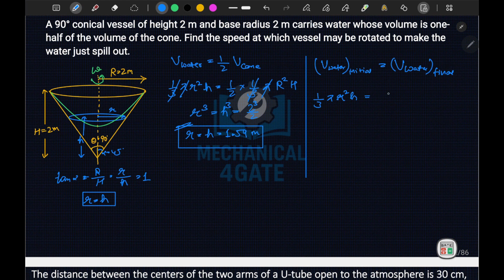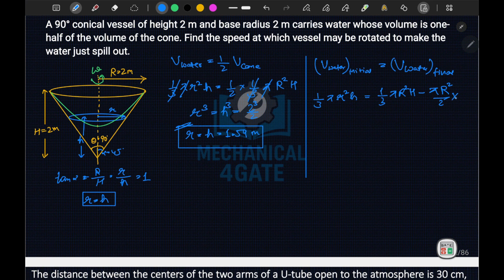Initial volume, we know, is 1/3 times pi r square h, and this should be equal to your volume after deformation, that is 1 by 3 pi r square h, which is for the total volume of the cone, minus the volume of the paraboloid, that is minus pi r square times height of the paraboloid divided by 2.